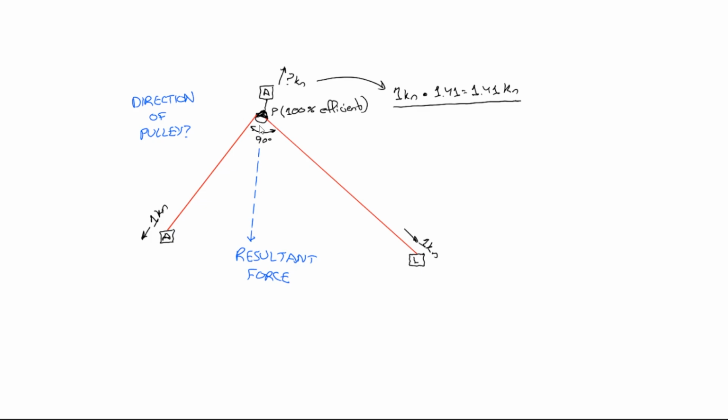Now, which direction is our pulley being pulled? That's what we call our resultant force, and we're going to get into that in probably more detail than any of you would like in a moment, but it is worth noting. Is it the direction that the pulley is going? Not necessarily.